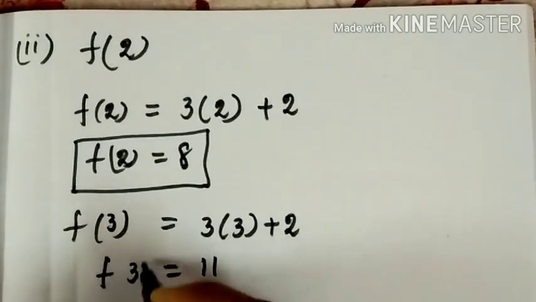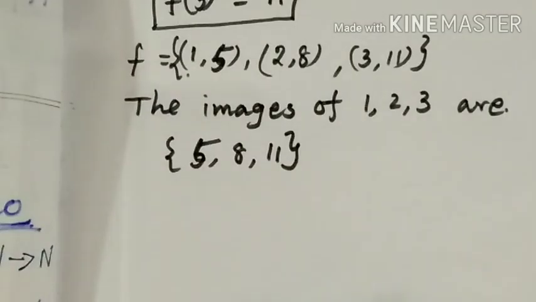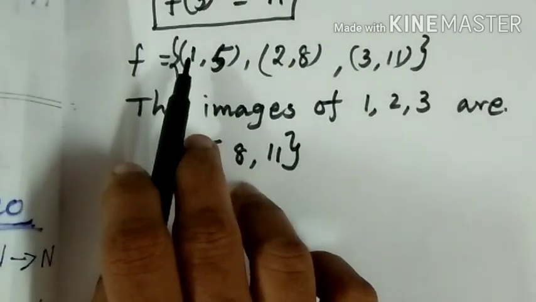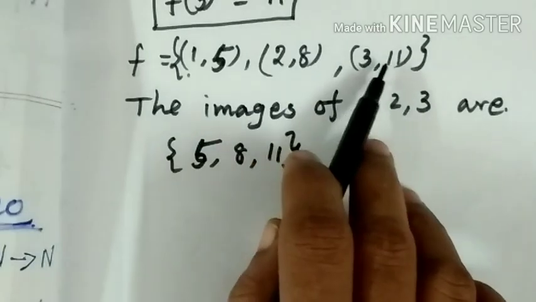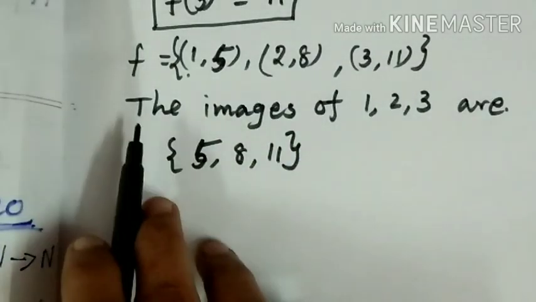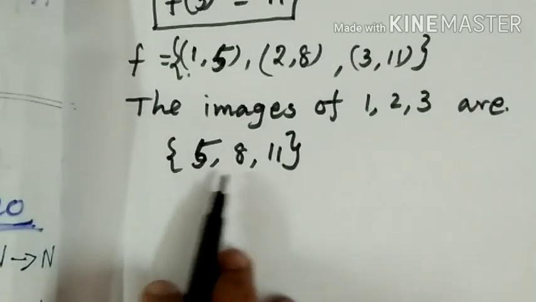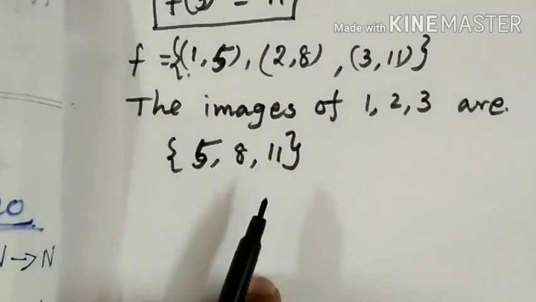The value of f of 3 is 11. Now the ordered pairs of function f are (1, 5), (2, 8), (3, 11). Therefore the images of 1, 2, 3 are 5, 8, 11. This is the answer for the first subdivision.